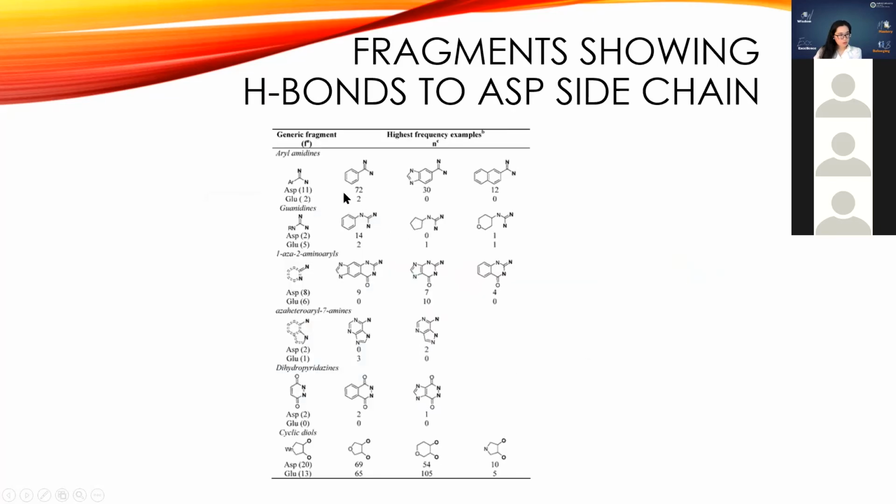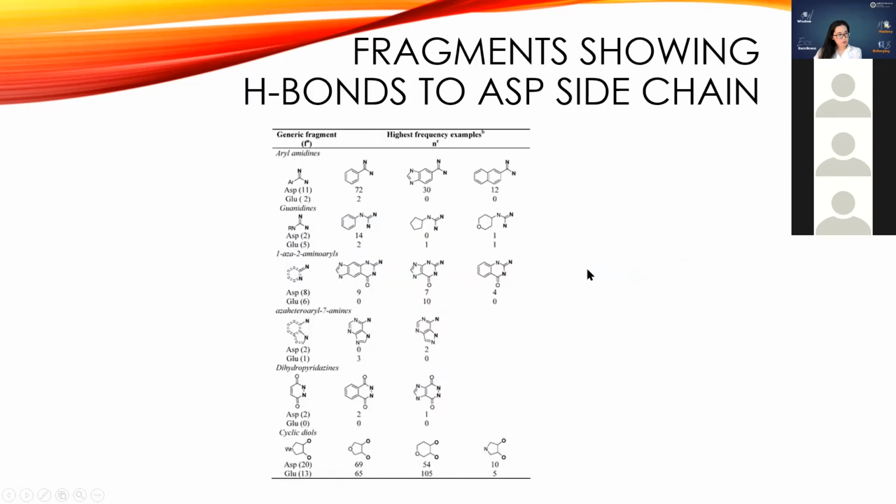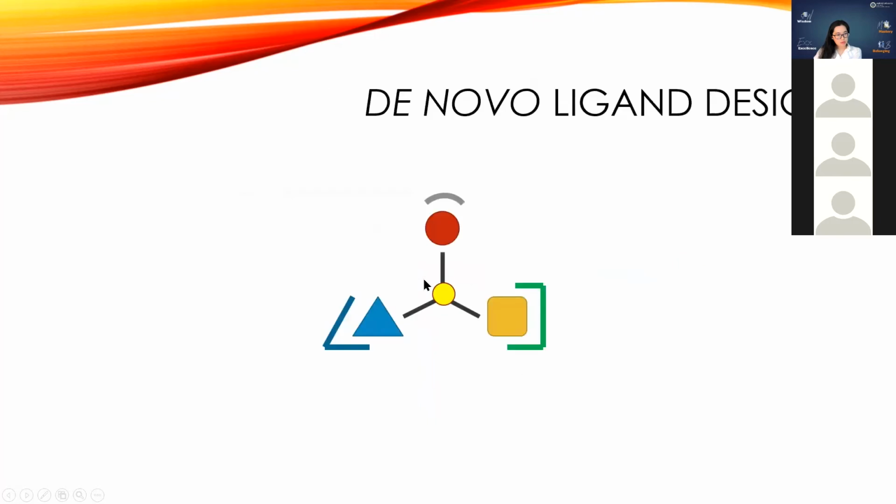And then they put it here. And from statistics, they put this aspartate here. Aspartate and glutamate have the same shape. And it's found that in aspartate, 72 times it binds to this molecule. So this molecule binds to aspartate 72 times. And going back to here, aspartate here, for example, and that 72 times have a red circle.